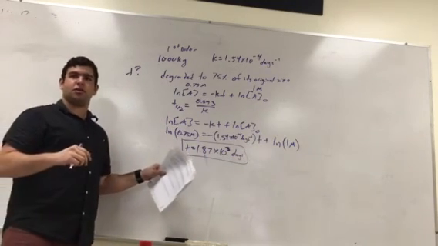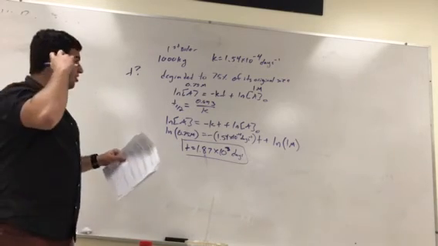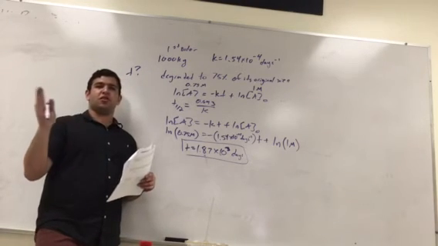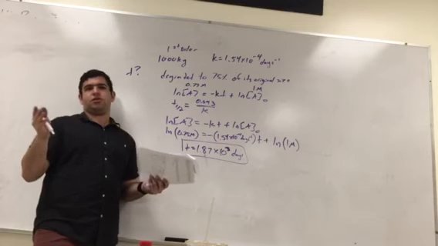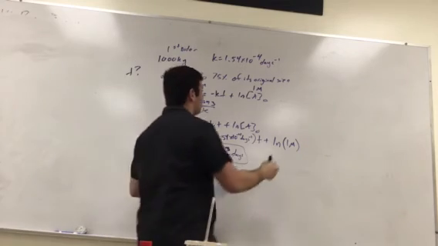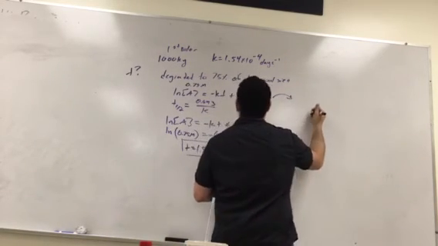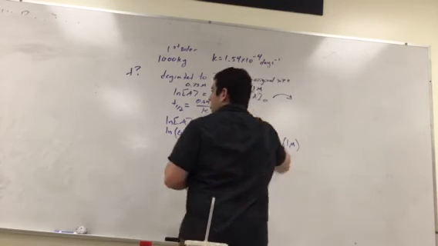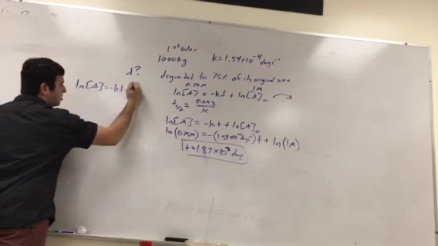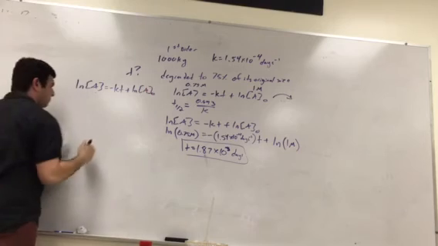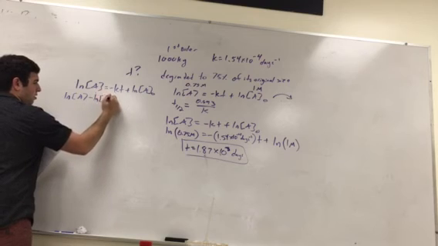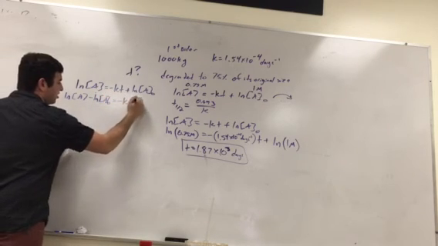That make sense? Okay. The other way you could have done it is you could have reorganized the equation, right? It said 75%. So what percent of $1 is 3/4? 75%, right? So basically the idea is you need to set up a ratio. So if I have natural log A equals negative kt plus natural log a naught, let's subtract the a naught to this side, equals negative kt, right?